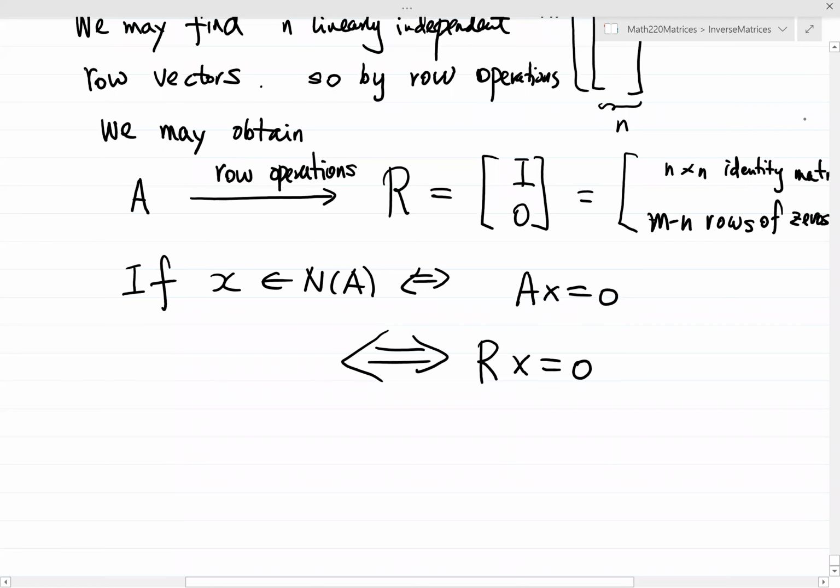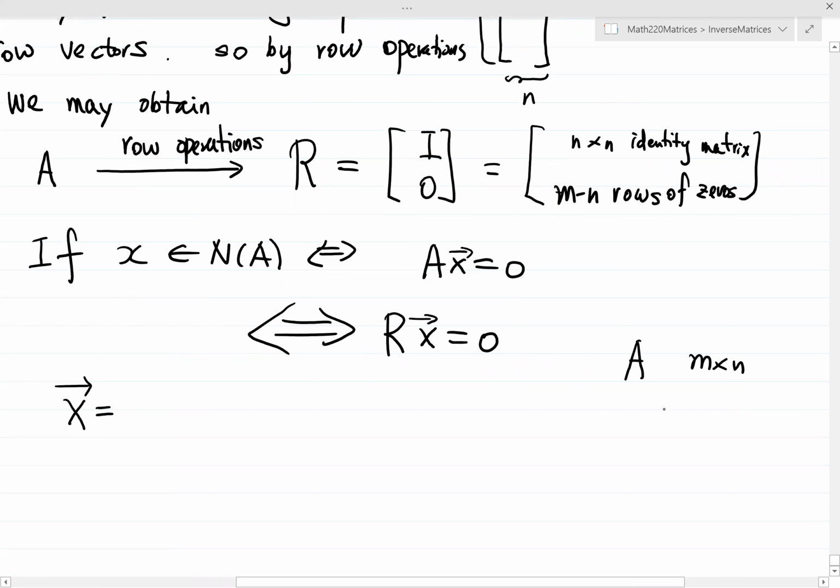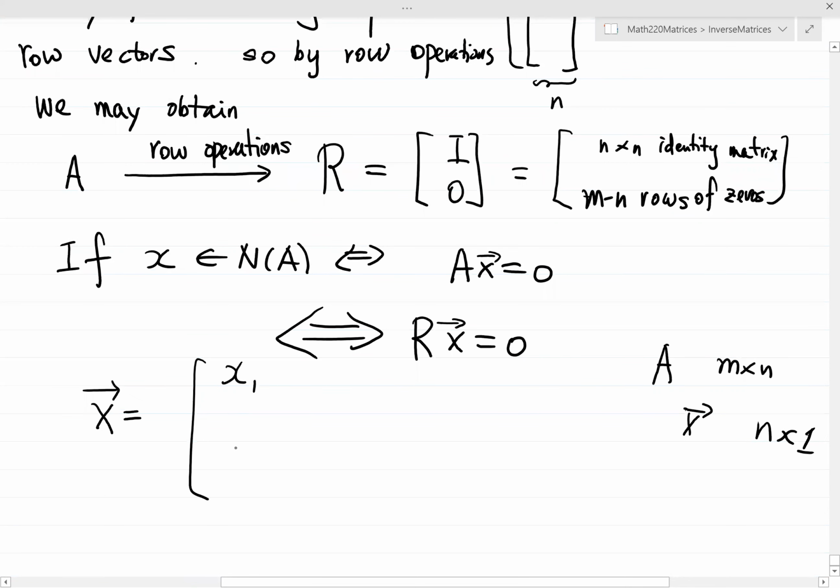So Rx being 0, if you write x as this vector. Remember A is m by n with n columns, so x should be n times 1, with n rows: x1, x2, all the way to xn.